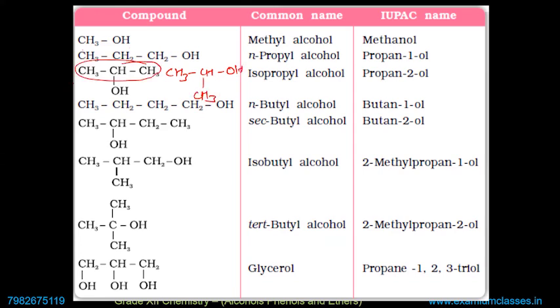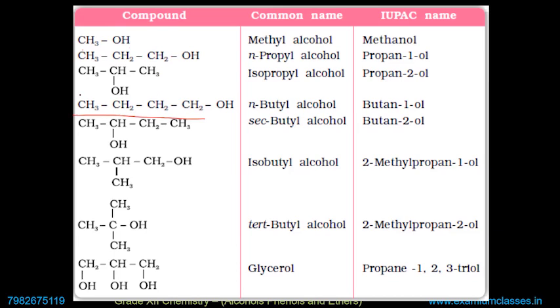This branch CH3, CH3, you have written like this. And this is the iso group. There are three carbons, propyl, isopropyl. OH is there, isopropyl alcohol, because the iso group is there.